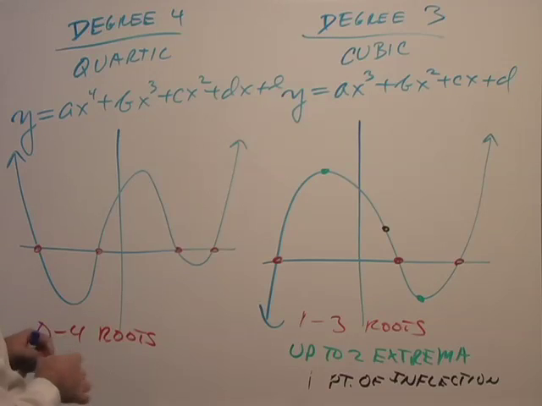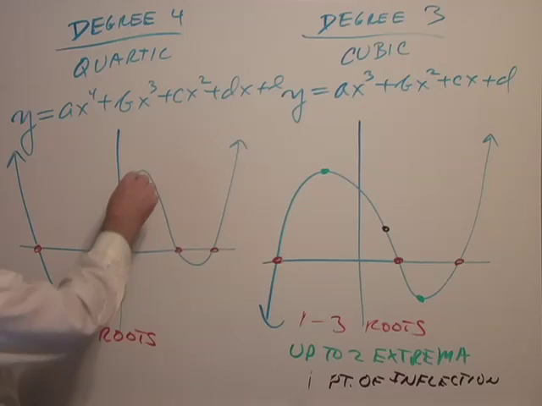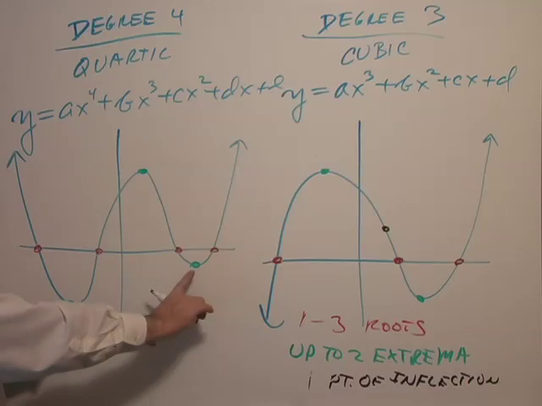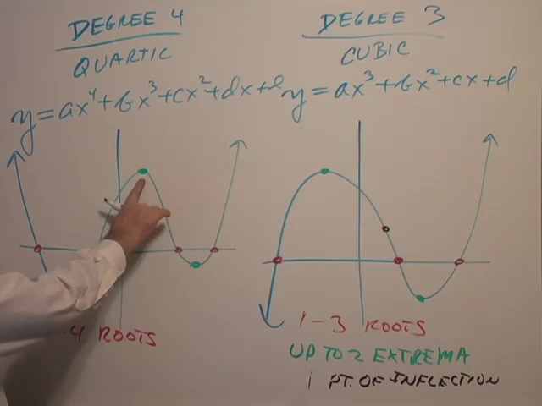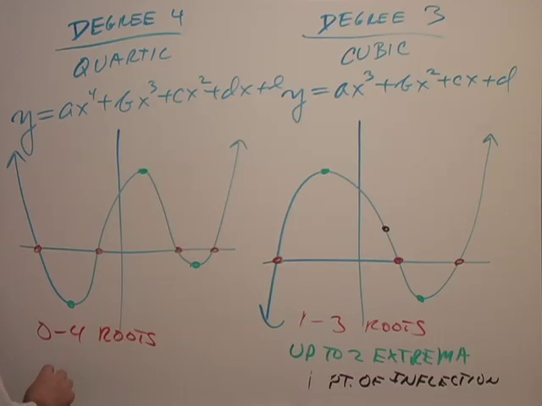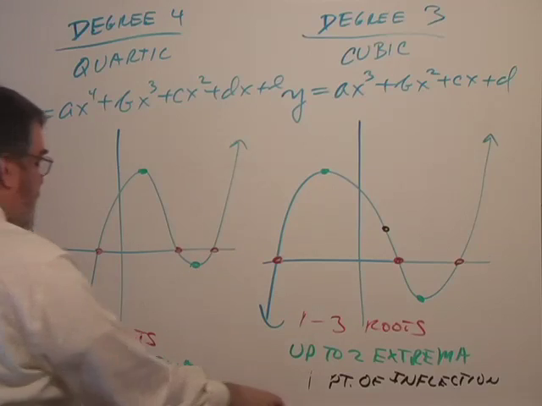How about extrema? How many extrema do you have? Well, there's one here, here, and here. So in this case, we have 2 relative minimums and 1 relative maximum. So 3 extrema. I'm going to say there are 1 to 3 extrema. You could say there's up to 3, but there has to be at least 1. I know that. And how many points of inflection?